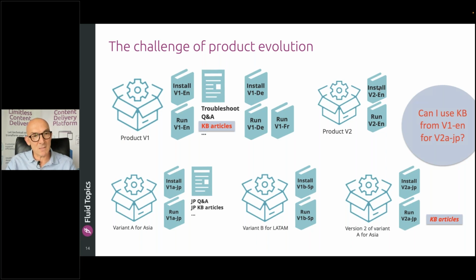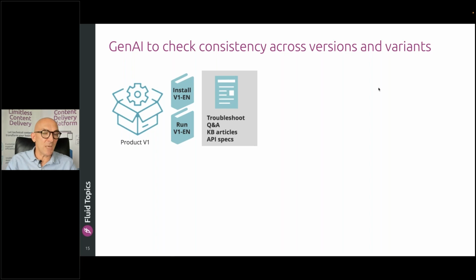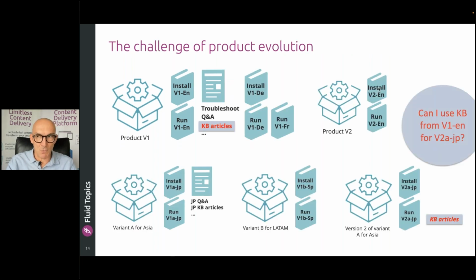Or if you have an article that has been derived initially from that V1 and translated in Japanese for V1, does it work for version 2A of that product? And this is where it's a huge challenge for companies, because that's how it goes.